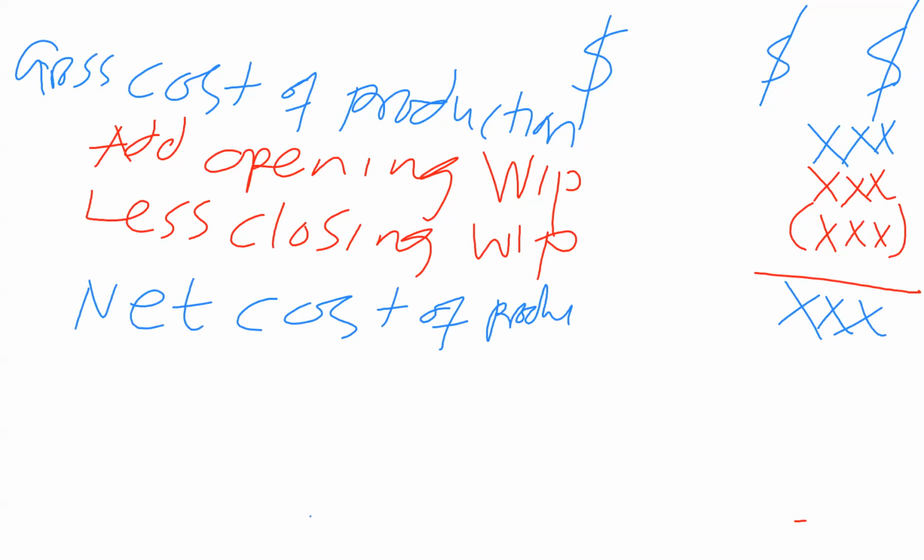So now, if you just have the opening work in progress and closing work in progress, this is where you end. So this net cost of production is the one that you are going to send to the manufacturing, to the profit and loss statement of the finished goods.